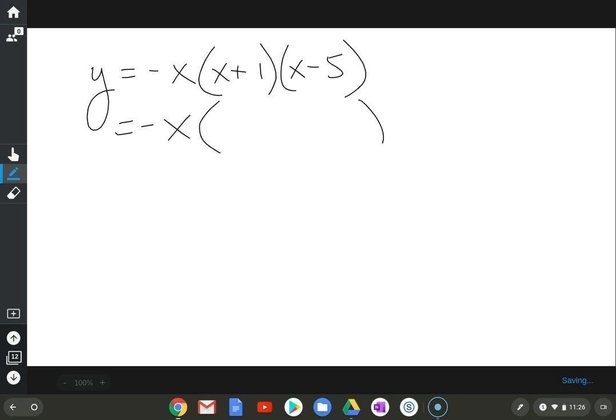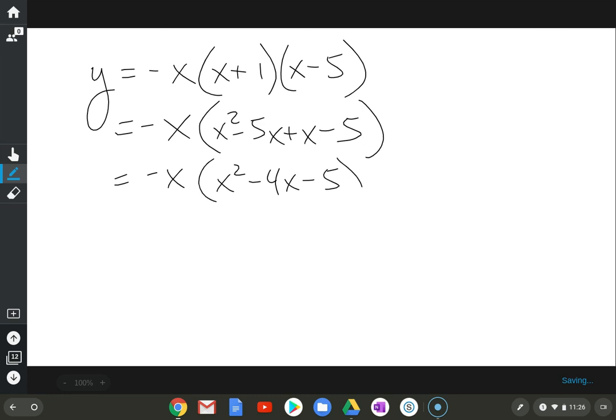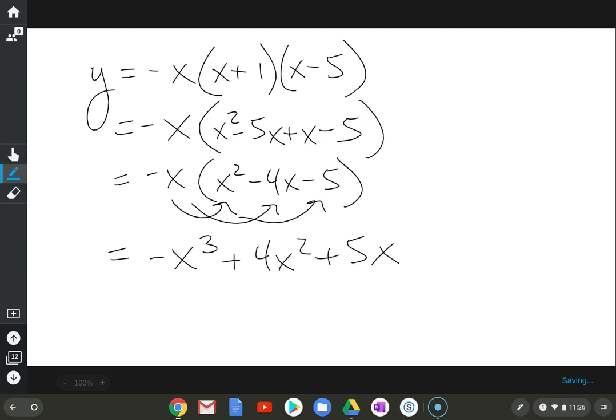I'm going to distribute the binomials first. So x squared minus 5x plus x minus 5. If we combine like terms, we get x squared minus 4x minus 5. And then now you're distributing this negative x in. So we end up with -x cubed plus 4x squared plus 5x. And there's your final answer for that one.